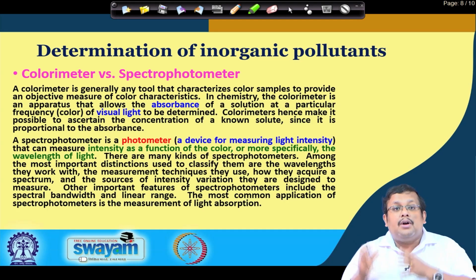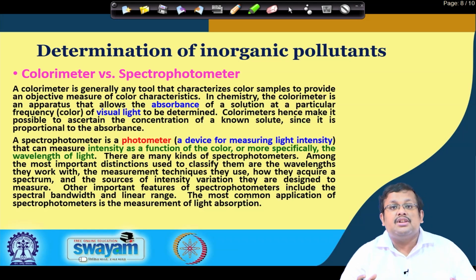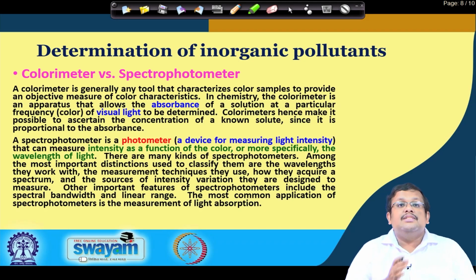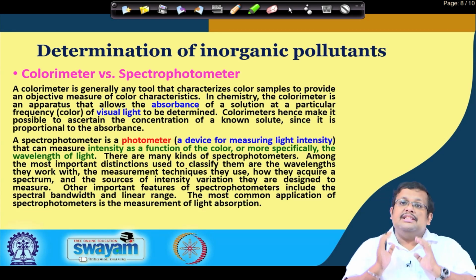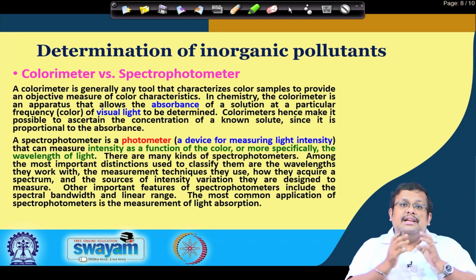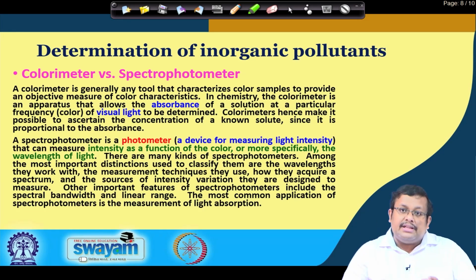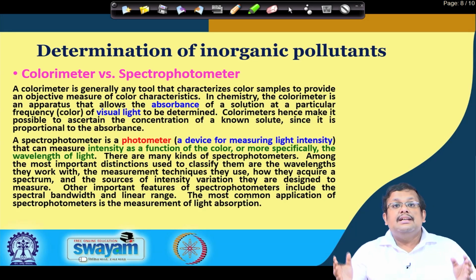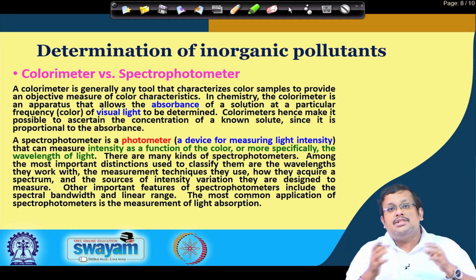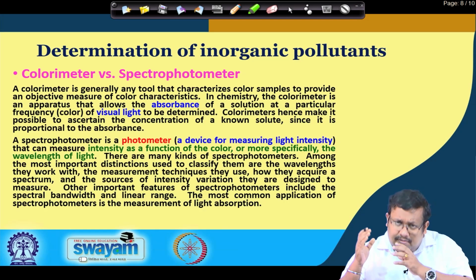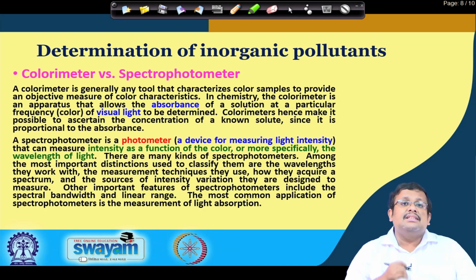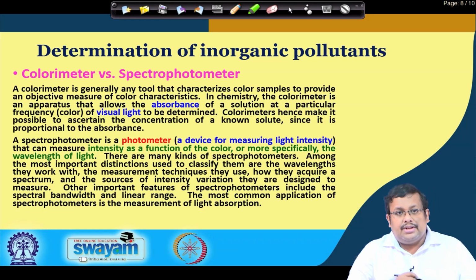Colorimetry makes it possible to ascertain the concentration of a known solute since it is proportional to the absorbance. So, colorimetry deals with the color of the solution, with a specific frequency of visible light, and it measures the absorbance by a solution, and by measuring the absorbance it measures the concentration of a particular solution.